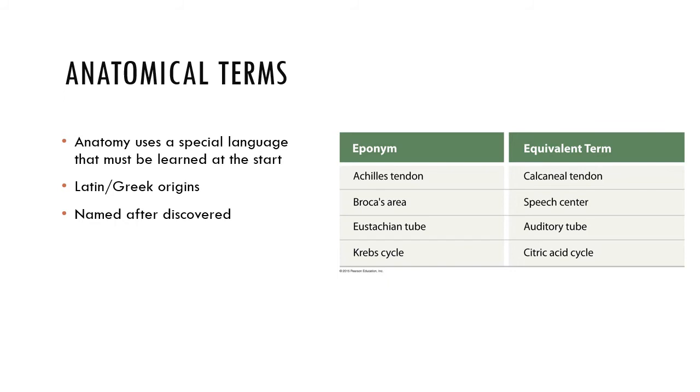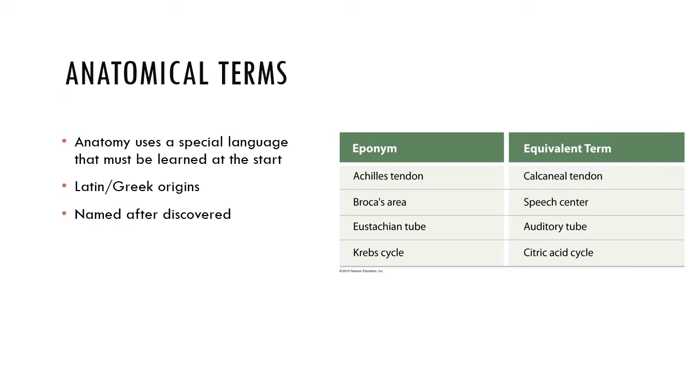Again, it's that special language that we've learned, of Latin and Greek origins. Sometimes things are named after who discovered them, for example, Broca's area, named after Dr. Broca. The Eustachian tube and Krebs cycle are also named this way. We're starting to get away from that and go with more generic terms.